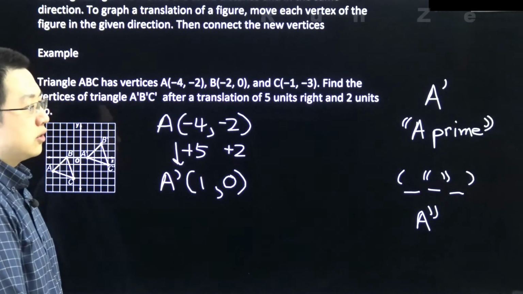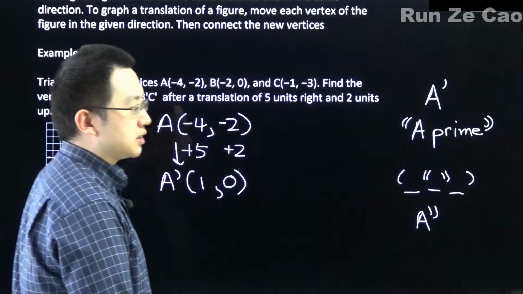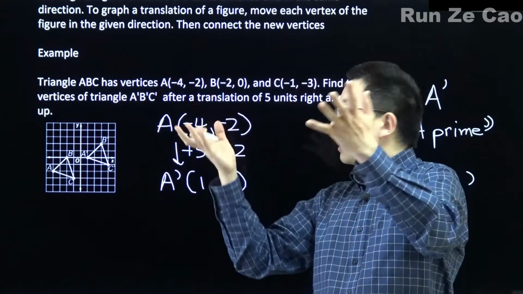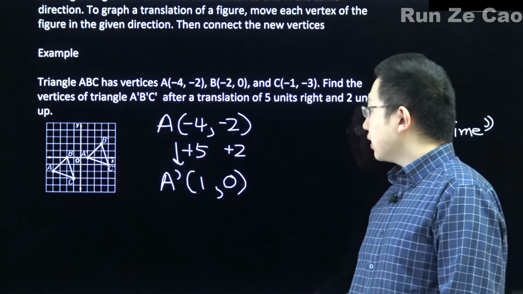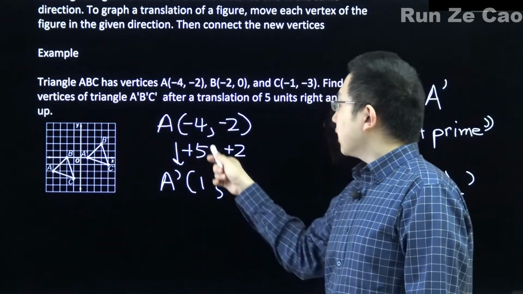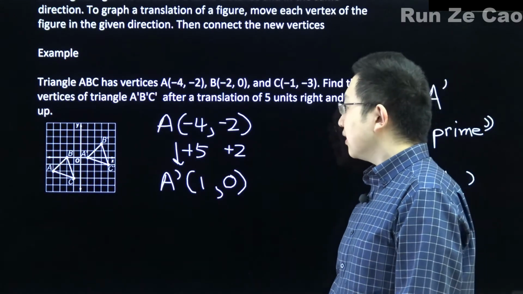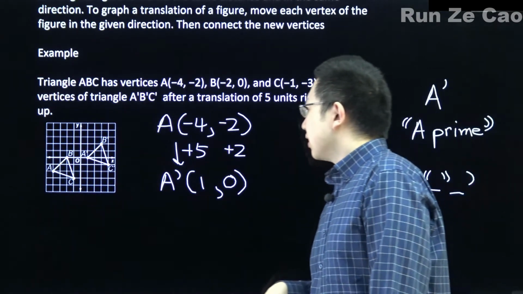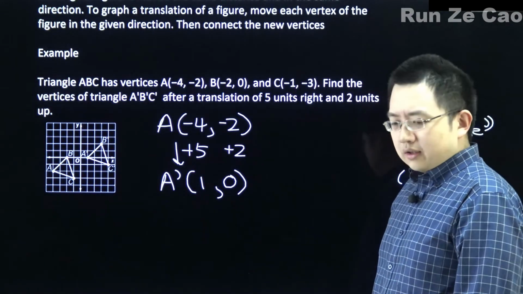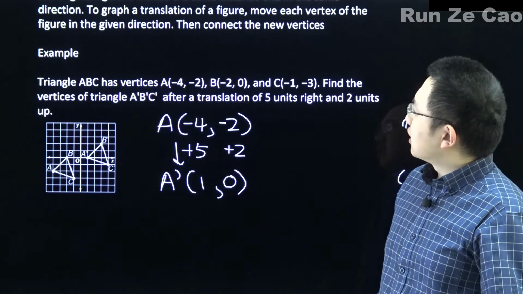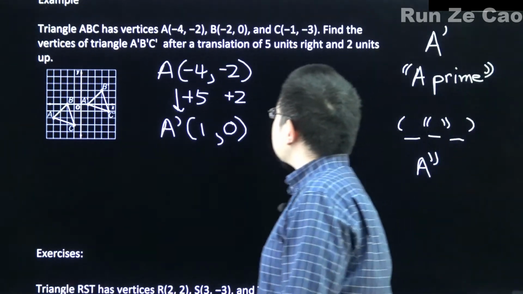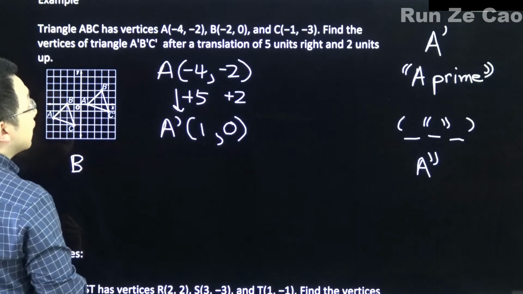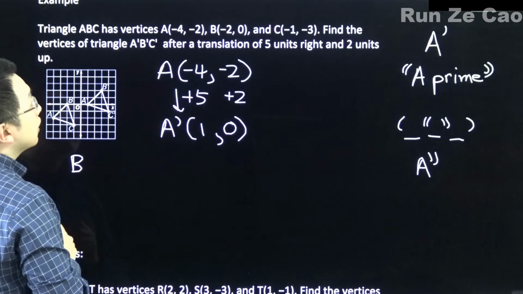Technically, this is not how you would write it in vector notation, but we don't want to overcomplicate things for now. This is basically the long addition version of how you add vectors to points, that is, how you translate points. I'm pretty sure you don't learn vector notation until way later, so we're not going to do that.